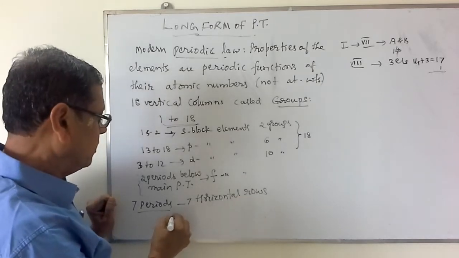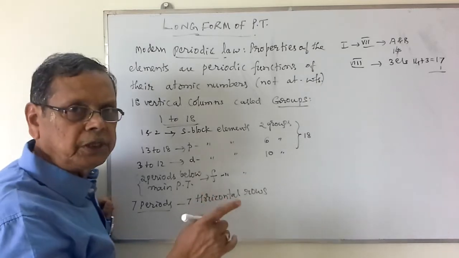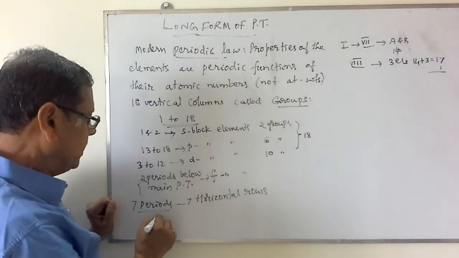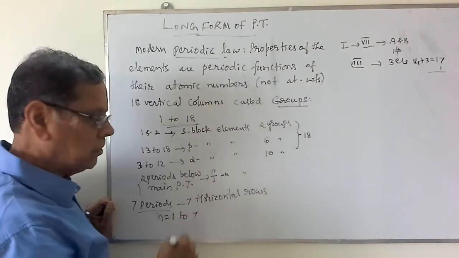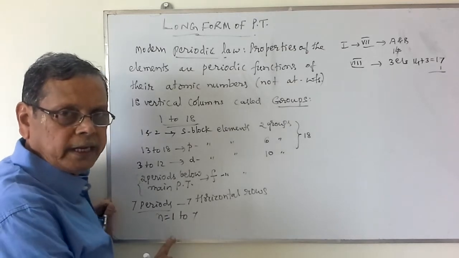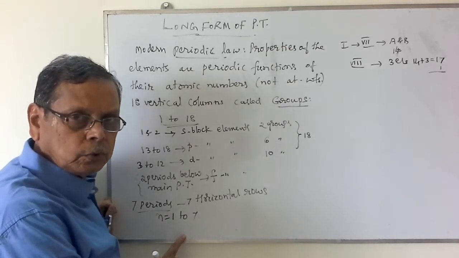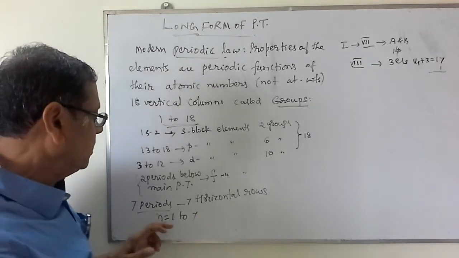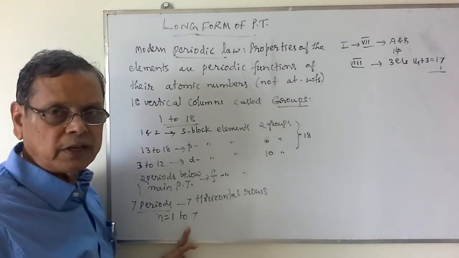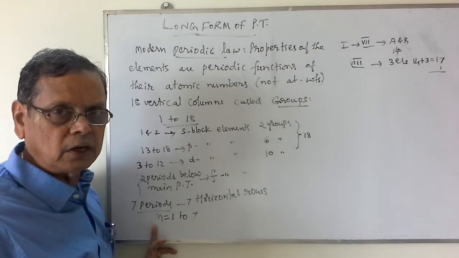These are given as period number 1, 2, 3, 4, etc., which indicates the principal quantum number 1 to 7. 1s, 2s, 2p, like that we read the electronic configuration. Based on that, we have this 1 to 7, that is 7 horizontal rows.